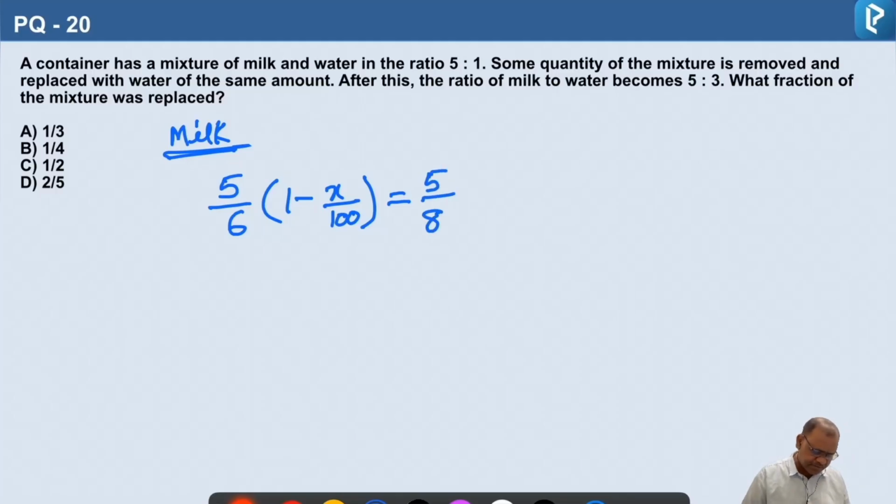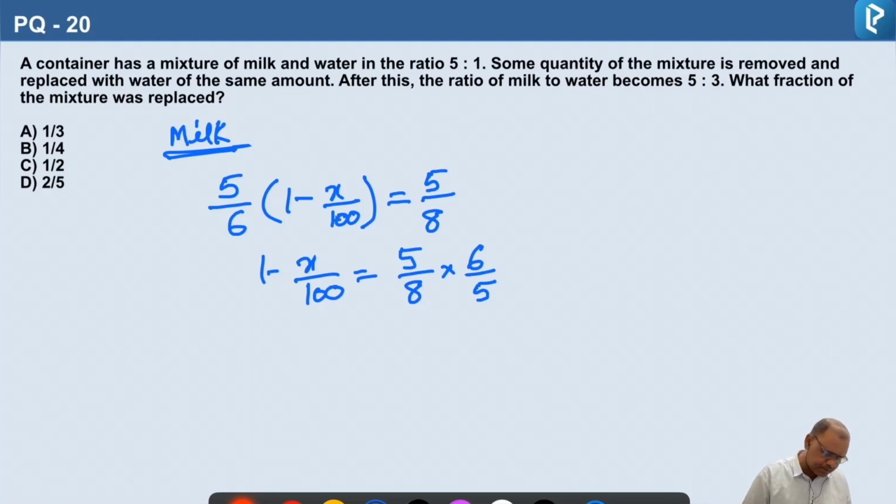So let us simplify this. 1 minus x by 100 is equal to 5 by 8 into 6 by 5. Sorry, since we are taking the percentage, no need to take by 100 here. Just take only x since we are finding the fraction here.